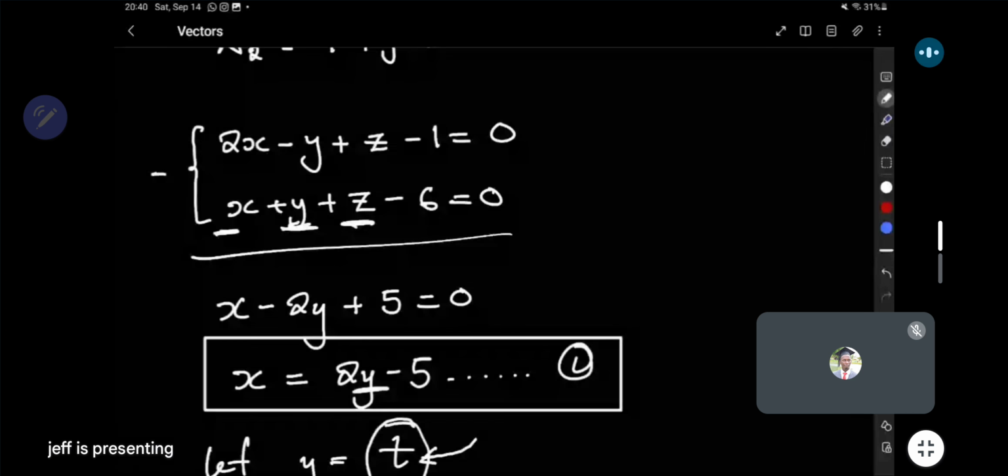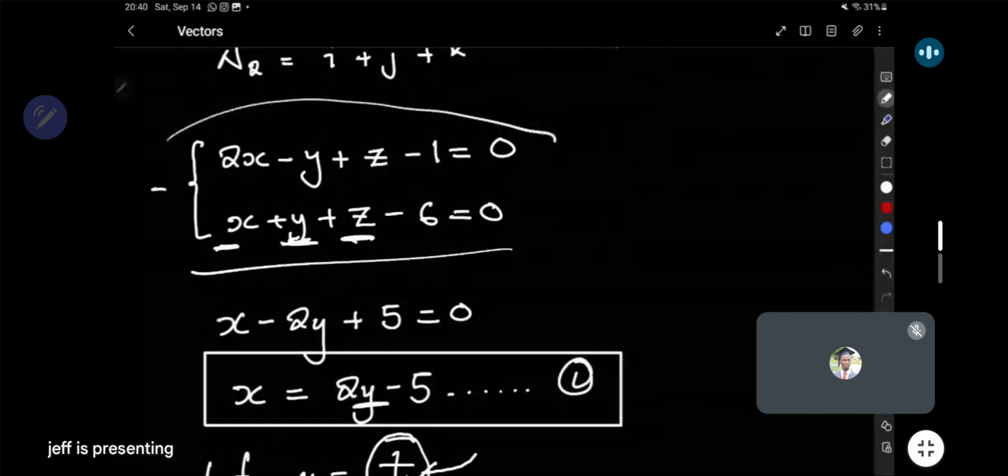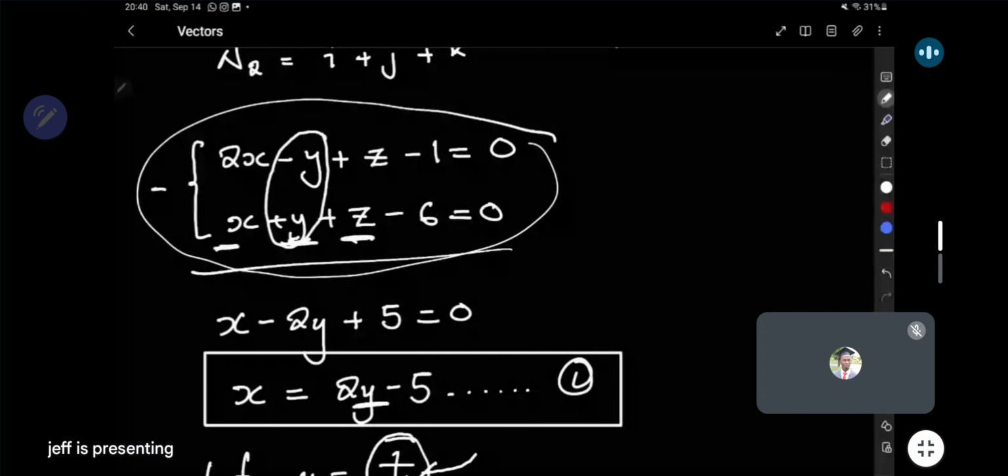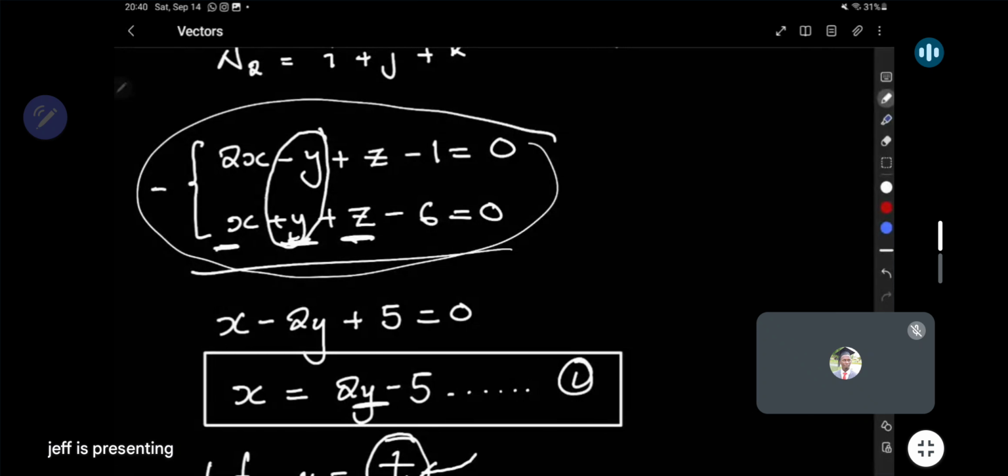Like, for example, when combining these two expressions, we might have decided to eliminate y instead of eliminating z. That would also have been possible, because if we wanted to eliminate y instead, we would have just added here. Adding would have ensured that the first one you eliminate would have been y.